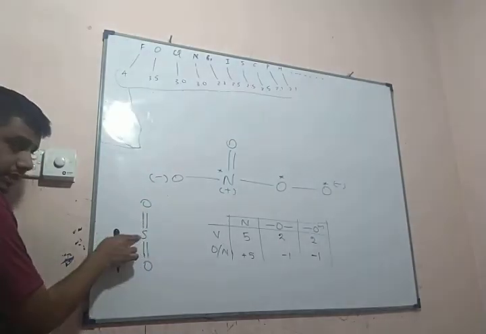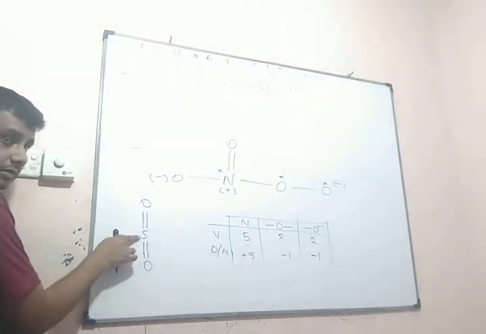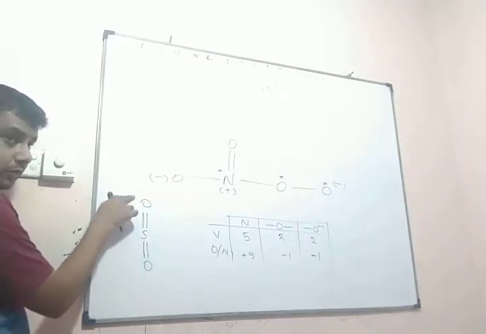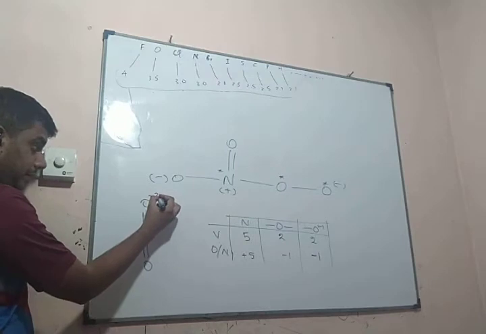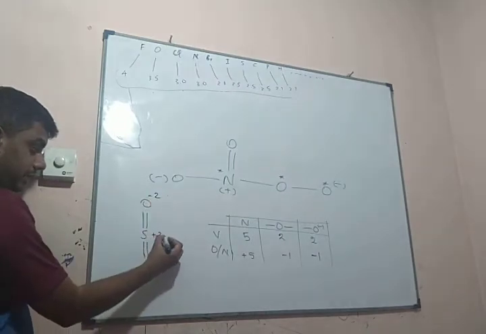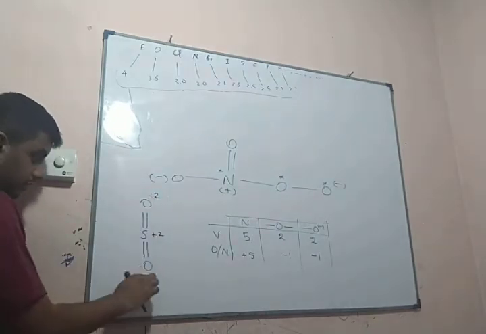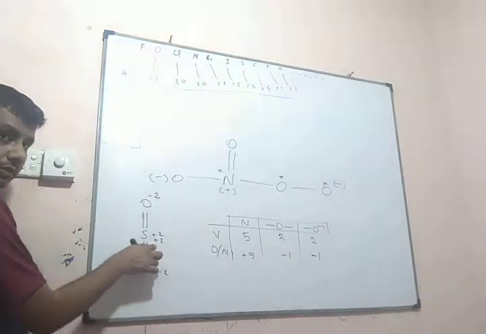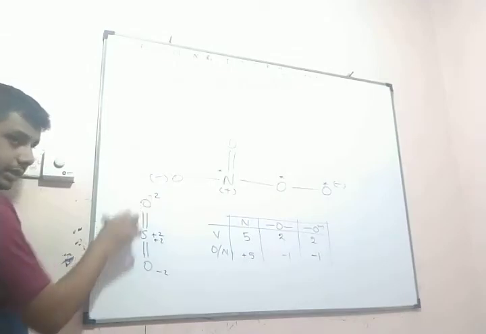Sulfur +2 or -2, but it's +2. Why? Oxygen is more electronegative. So this one would be -2 and sulfur +2. And consider this one -2, +2. So totally +4.